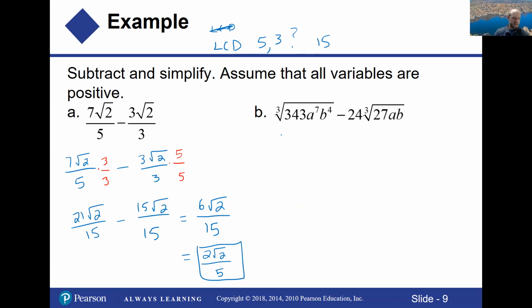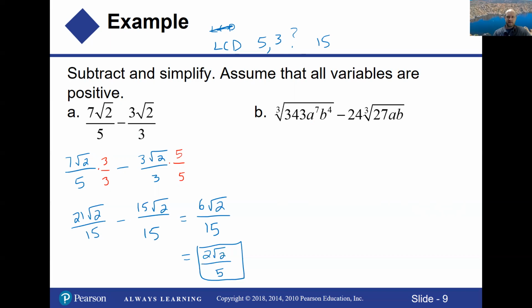All right, let's try the next one. So I have the cube root of 343, a to the 7th, b to the 4th. And this is one where you can say to yourself, well, is the cube root of 343 a perfect cube?